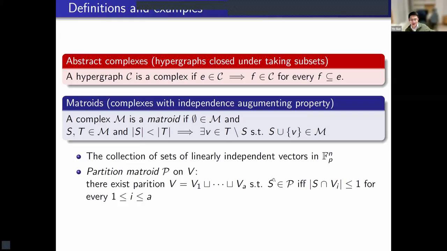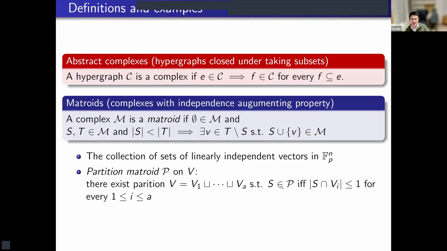And a set is in the partition matroid if and only if this set intersects each part at most once. You can check that all such sets I satisfy the closed down property, and it also satisfies the augmenting property.